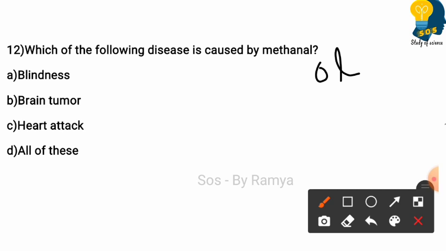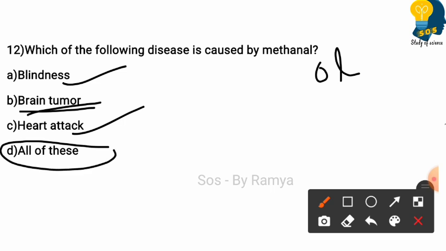Brain tumor is a very rare, exceptional case. But blindness, heart attack, all these things will happen. So we can choose option D as the correct answer. There are so many symptoms; if a person gets addicted to alcohol, many diseases can be seen in his body.